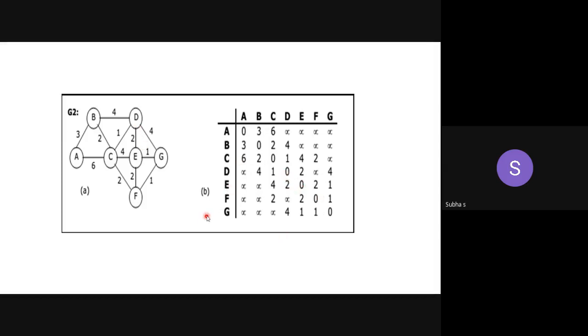Like that you have to fill the matrix. From F only 2 nodes are adjacent, C and G. Am I right? Yes, E is also there. C, G and then E. So from F you are going to fill 3 values. Self loop is 0. Remaining values are infinity.